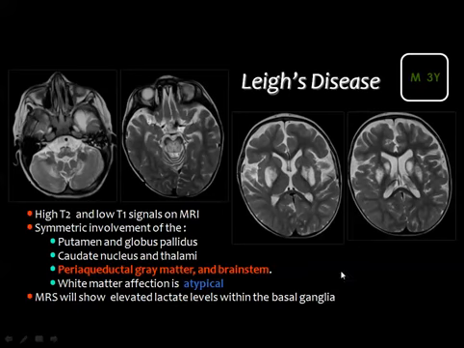Wernicke encephalopathy occurs at a relatively higher age, and Leigh disease will present during childhood.